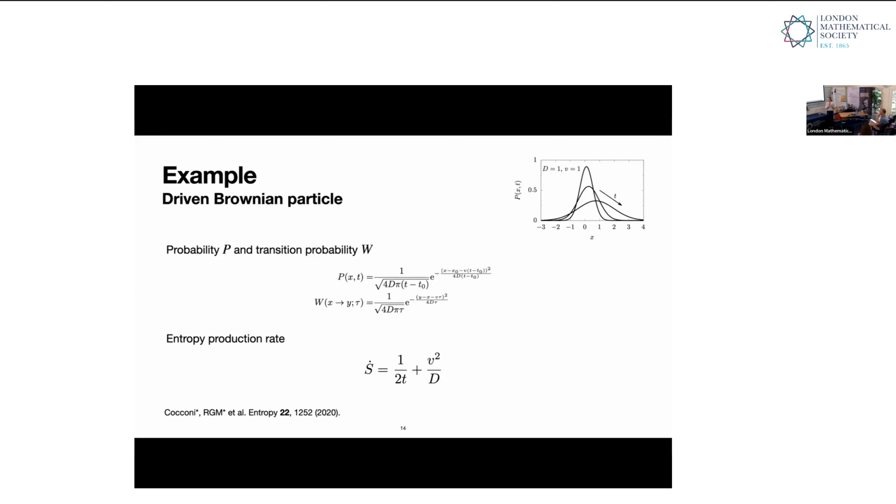The entropy produced in that process, the relaxation, is given by this term. And then there's this other term, which is the entropy produced by the drift and the diffusion. It's a very simple expression, but it really is the benchmark that we compare to.